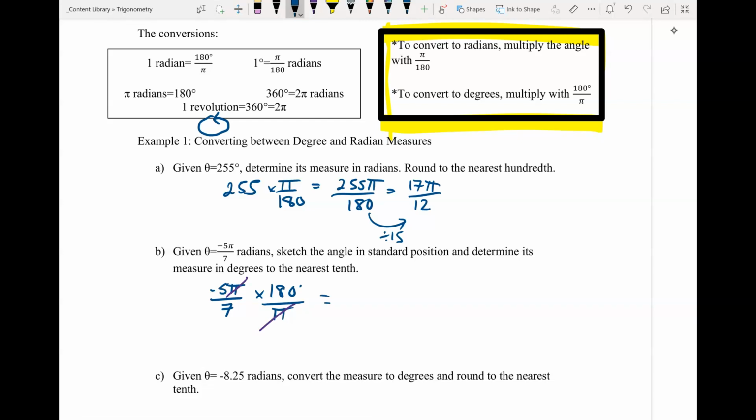So we have 5 times 180 and then divide that by 7. You can go ahead and use your calculator for that because when we express our measure in degrees, usually there are decimal places. So this would be negative 128.6 degrees.